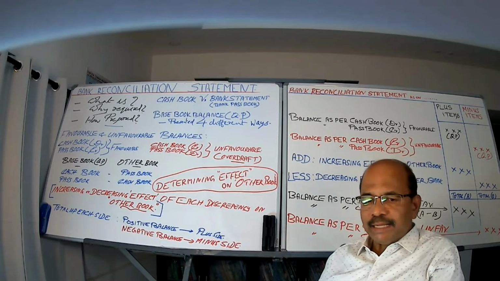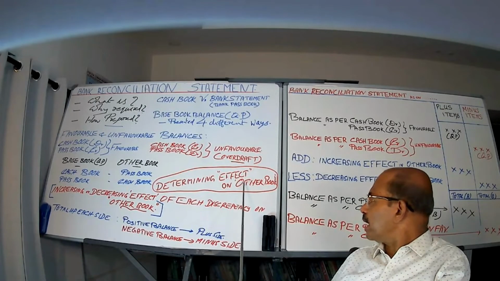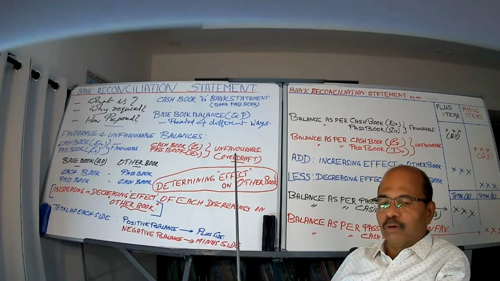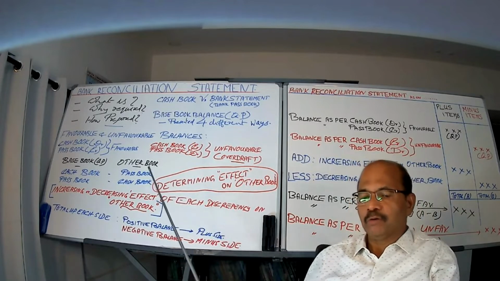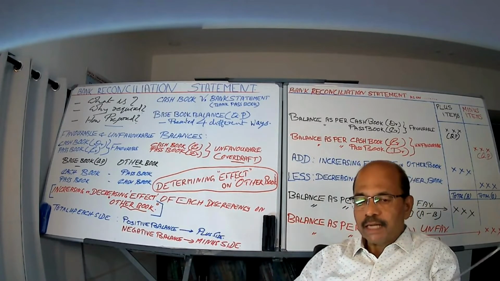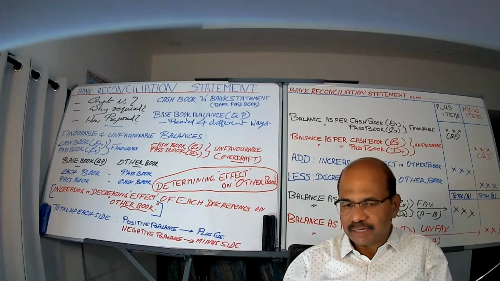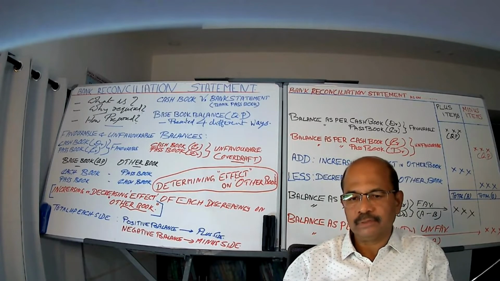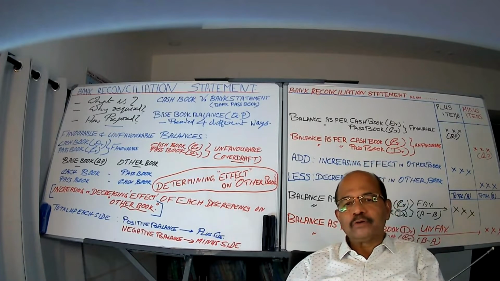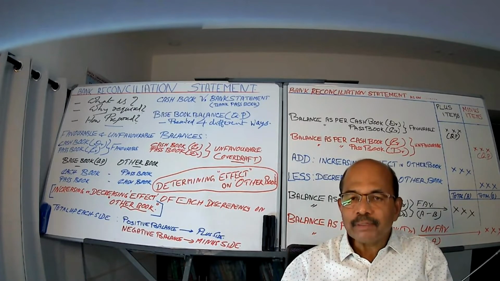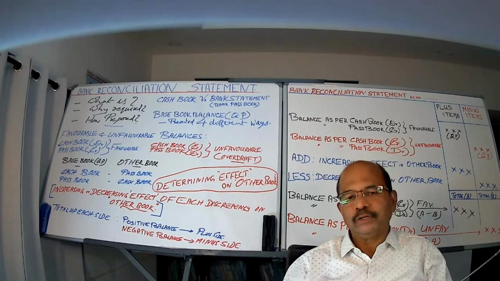The technique is determining the effect on the other book of each discrepancy. Take each discrepancy into account. By the way, what are the predominant discrepancies? Discrepancies means differences. Case number one: check deposited into the bank, not cleared. Why does it happen? Well, take the month end, when I deposited a check into the bank.